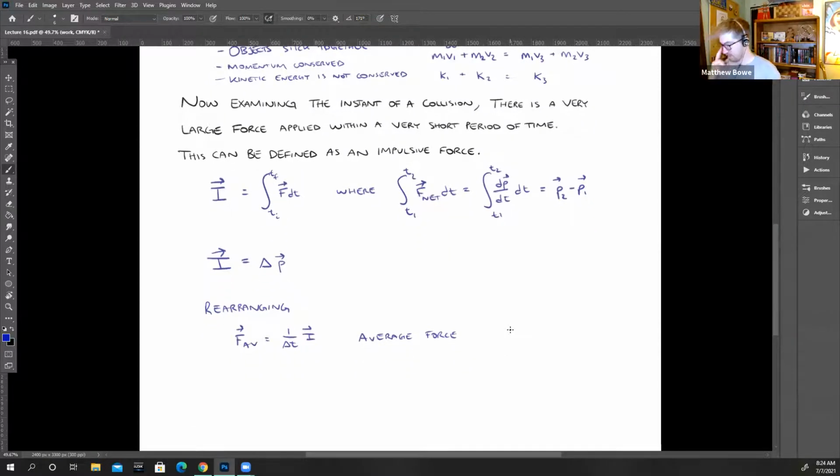And finally, it's kind of cyclical. We could say the impulsive force is just the average force times the amount of time it takes for this collision to start and stop.